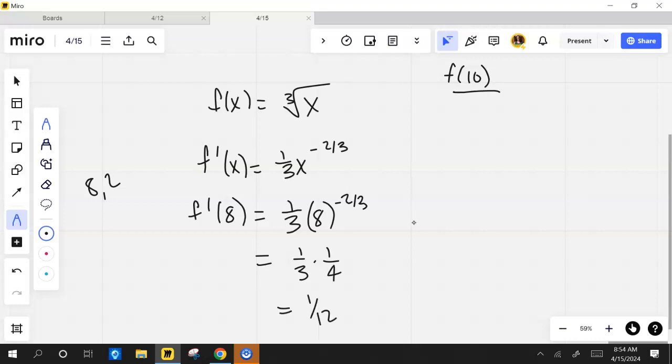So my equation for my tan line is y minus 2 equals slope times x minus 8. And all I have to do at this point is put a 10 in.